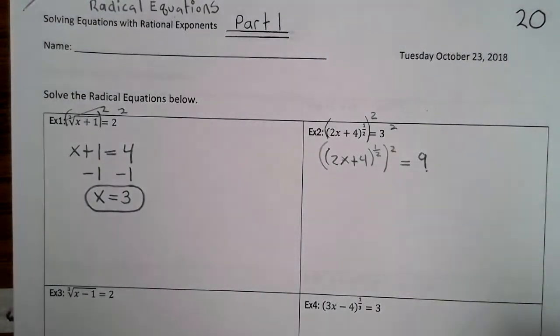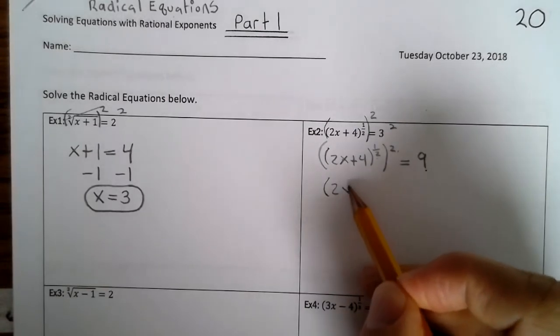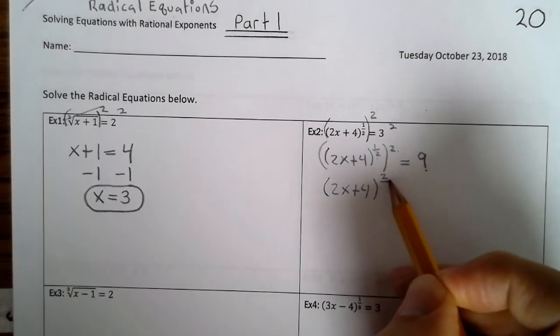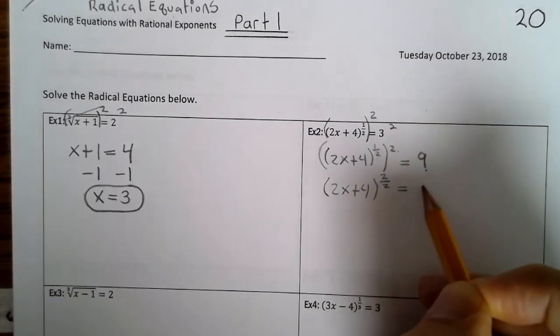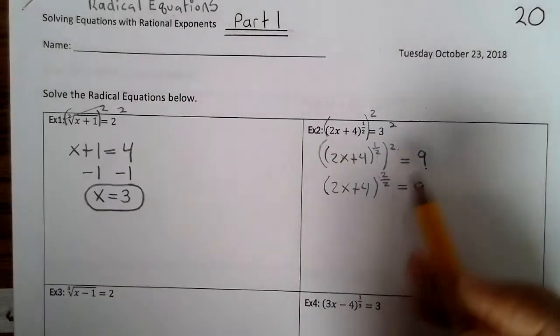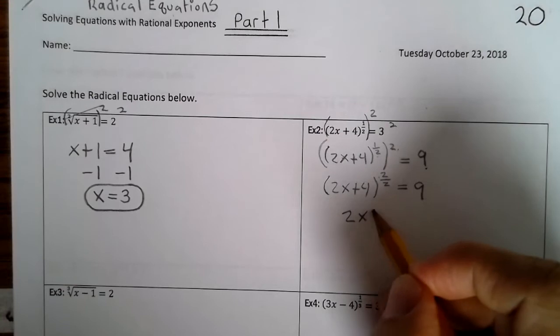Well, you just multiply the exponent. So that's 2x plus 4 to the 2 divided by 2, which 2 divided by 2 is 1. So this in essence is the power of 1. So you're just left with 2x plus 4 equals 9.